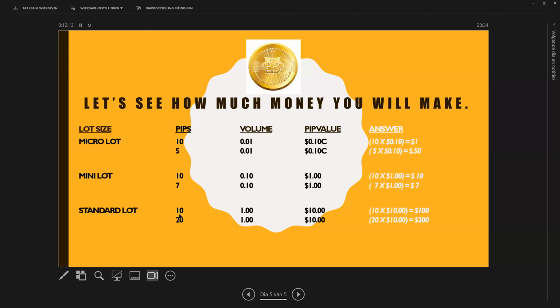So if we go for 10 pips on a standard lot, we're going to come out at $100. And if we go for 20 pips at 1 standard lot, the pip value is $10. So 20 times $10, we're going to be at $200.